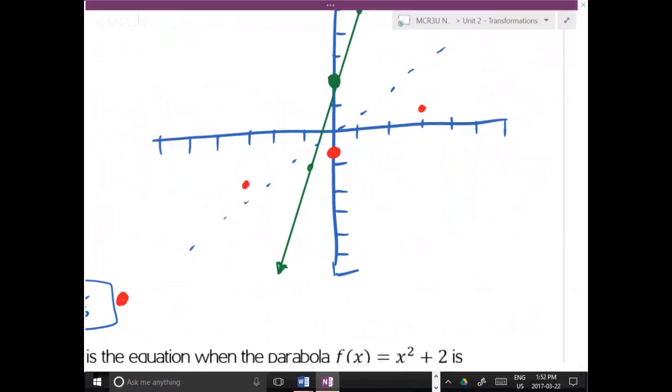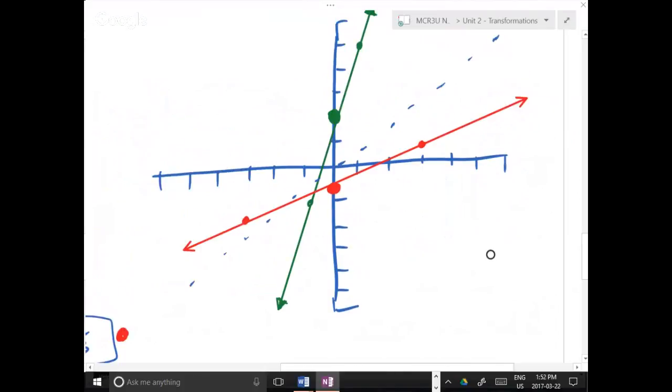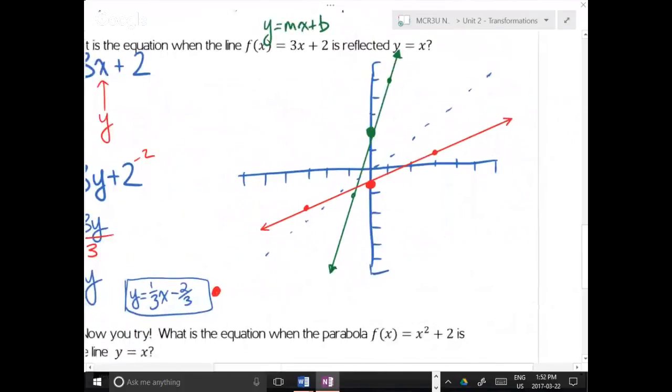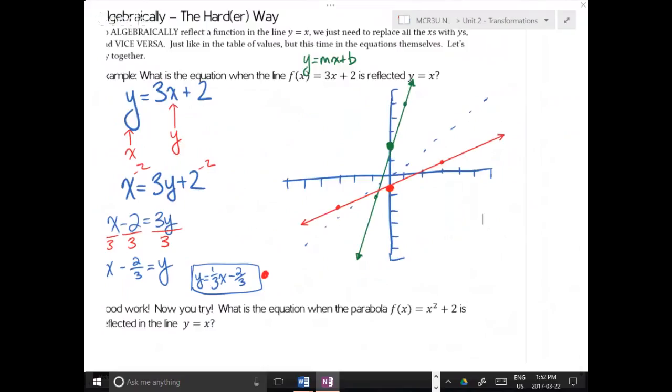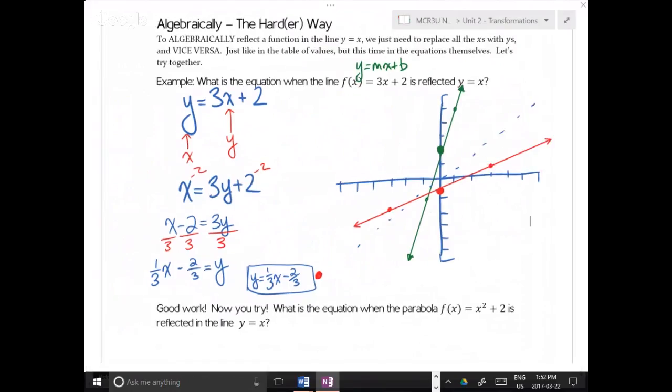And in theory, they should always meet at the reflection line, but obviously this is hastily sketched by hand. But if I did this in Desmos, you could do that. Do it in Desmos for another 38 minutes. Not going to happen. Nice try.